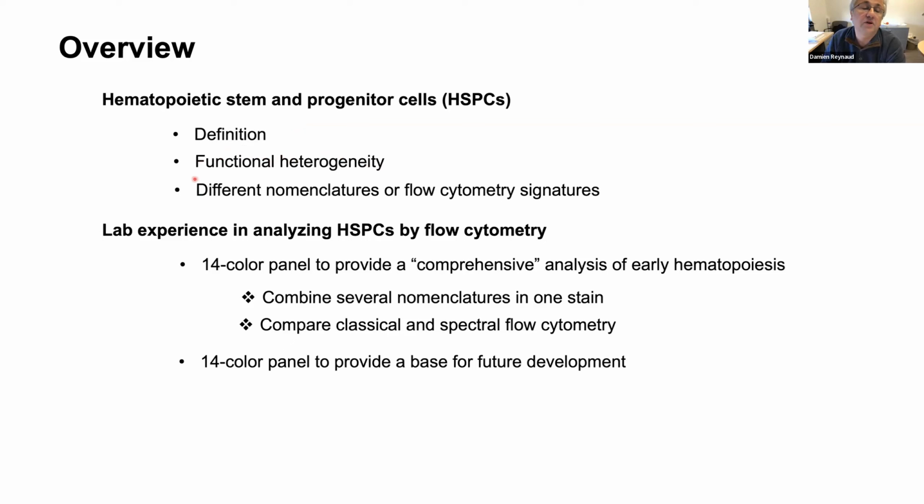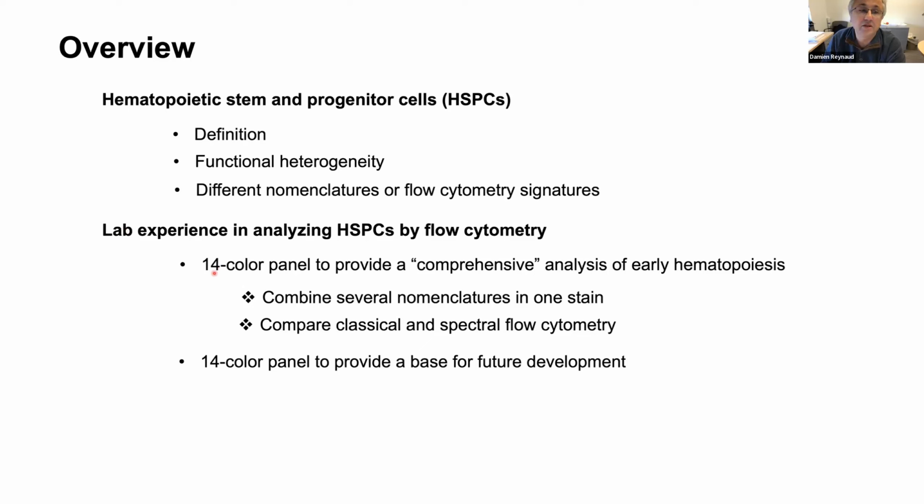I will also give an overview of the different nomenclature or flow cytometry signatures which have been developed by many labs to take account of this functional heterogeneity and to put a phenotypic heterogeneity in parallel to it. I will also share the experience of my lab in analyzing this HSPC by flow cytometry.